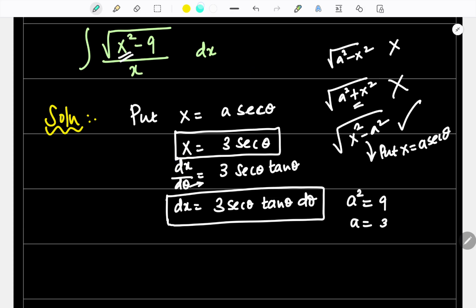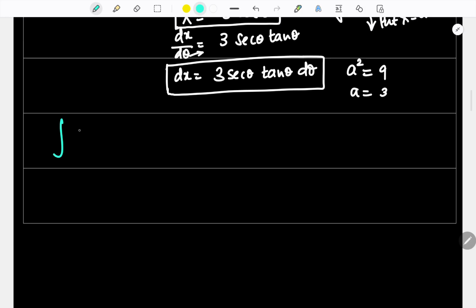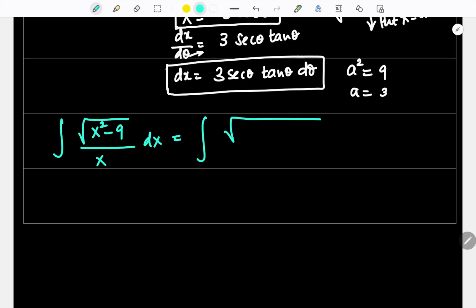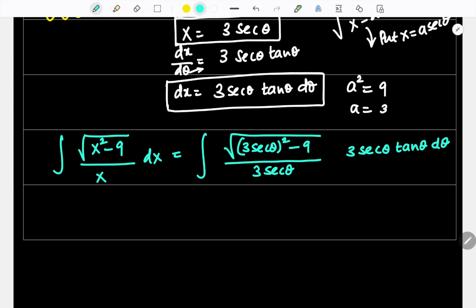Yes. Okay. Now let's go to the question. So what is the question? Integral square root of x square minus 9 divided by x dx. This equals integral square root of, x is what? 3 secant theta square minus 9 divided by, what is x? 3 secant theta. What is your dx? 3 secant theta tan theta d theta.